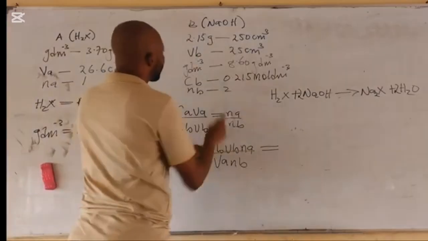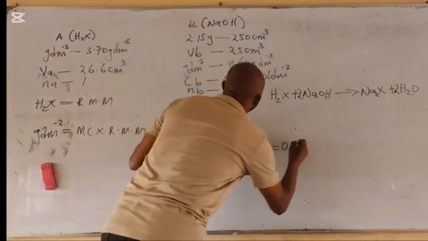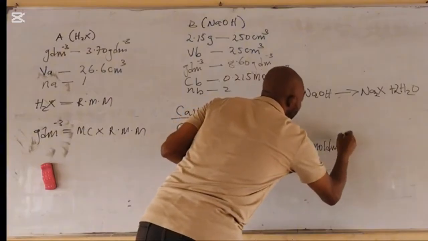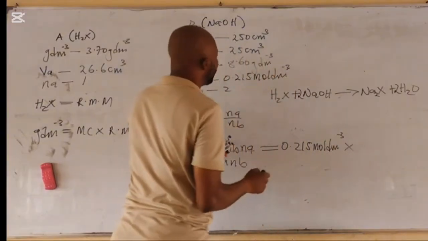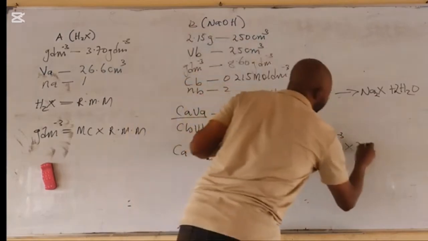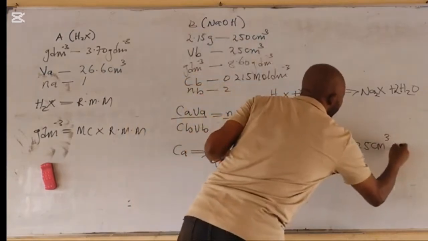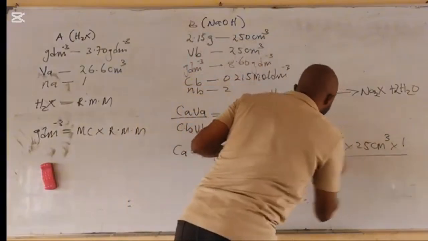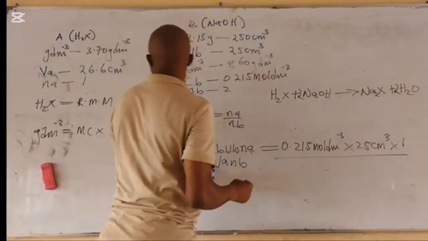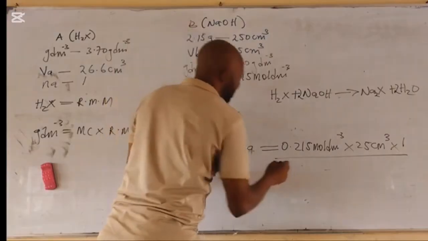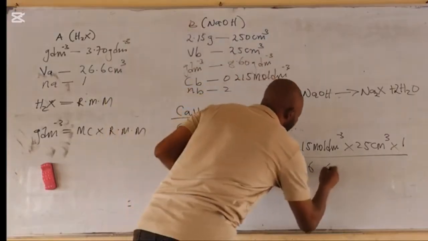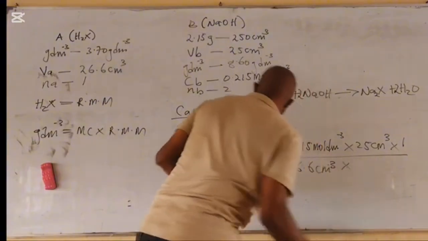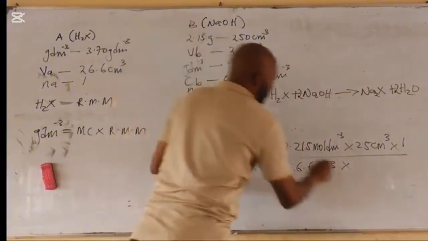And I have concentration of the base, which is 0.215 mole per dm³, times volume of the base, which is 25 cm³, times number of moles of acid, which is 1, over volume of the acid, which is 26.6 cm³, times number of moles of the base, which is 2.